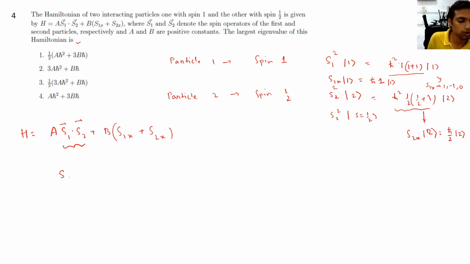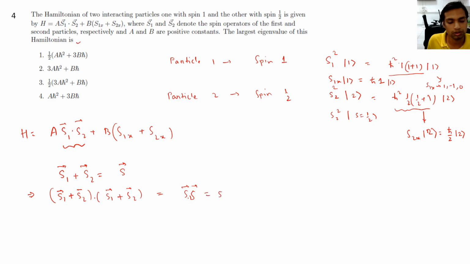So if we add the spin angular momenta S1 plus S2 to get S, this is the operator equation. Now what we do is take the dot product of the same, S1 plus S2 with S1 plus S2, which is S dot S, that is S square.